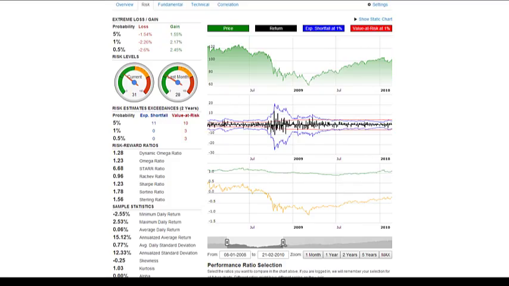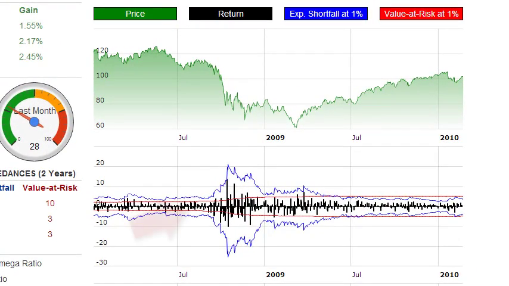Notice during this period that the red value at risk line had 10 to 20 exceedances during the October and November months. For events predicted to only occur 1% of the time, this risk measure poorly estimated the risk for that time period. Conversely, the blue expected shortfall measure did not have an exceedance during the same time period.